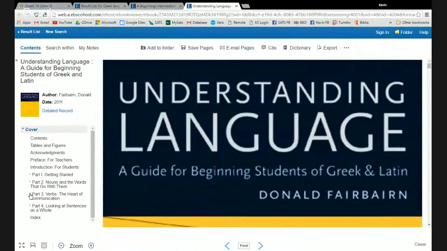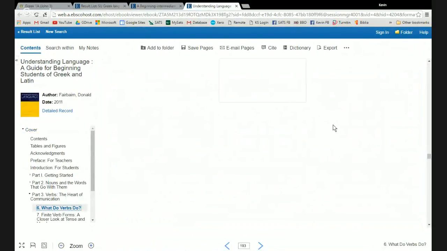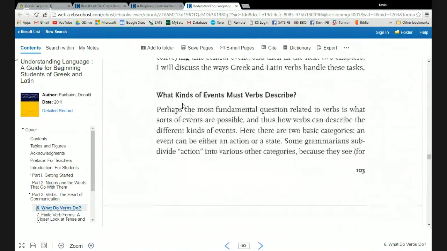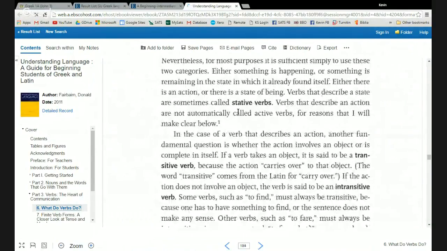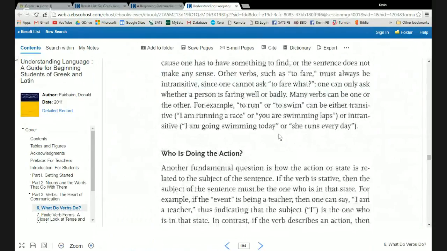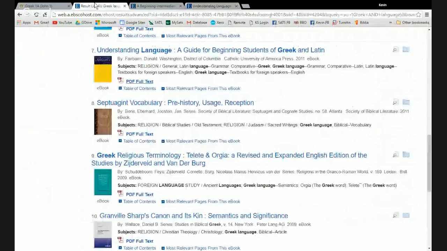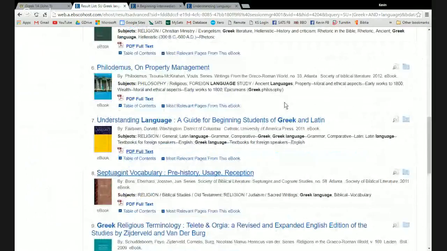So if I go into what do verbs do, is chapter 6, and I browse through, I think you're going to find kinds of verbs, and Yari's going to compare stative verbs with transitive, active verbs, etc. So this is all explaining the grammatical categories that are the sort of bedrock or foundation on which grammar is built and understood. So 2 useful resources in that collection, but I'm sure if you browse around for other courses, you're going to find a lot of other useful resources.